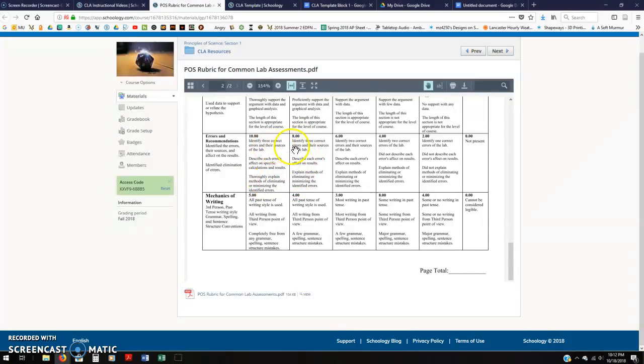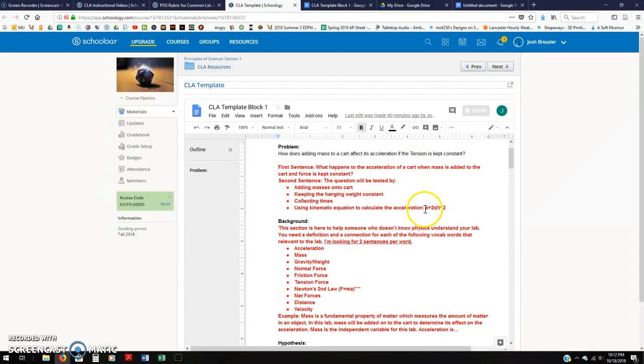As you go further right, we have 2 correct errors. So if you only get 2, you're in this category. If you only get 1, you're down here. So make sure you are getting 3. If you can get 3 and also do a little bit, you're at least in the 8 category. To get to the 10, you have to be thorough, and you also have to think about what's going to happen to the calculations.